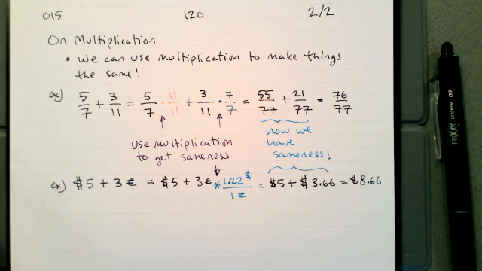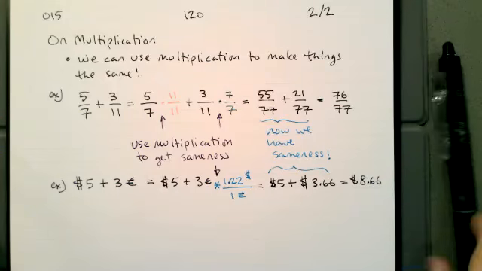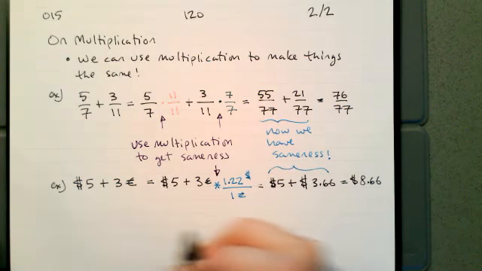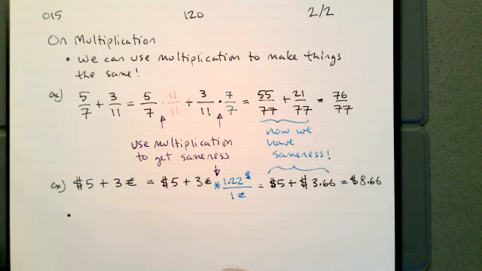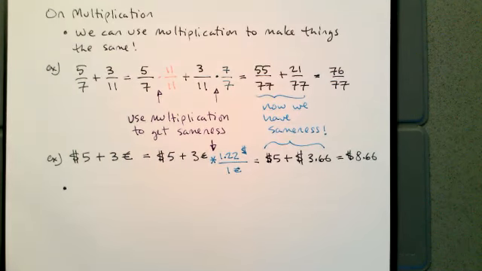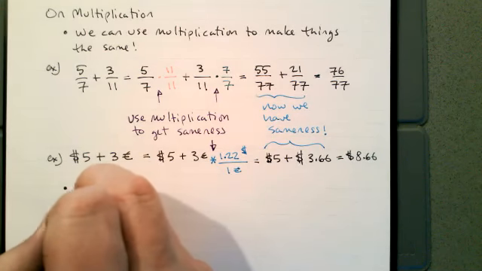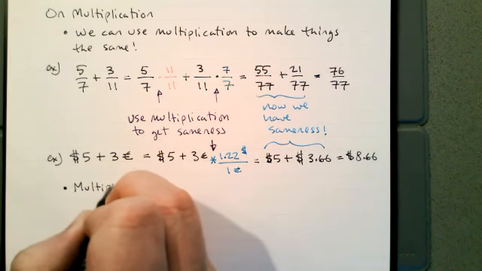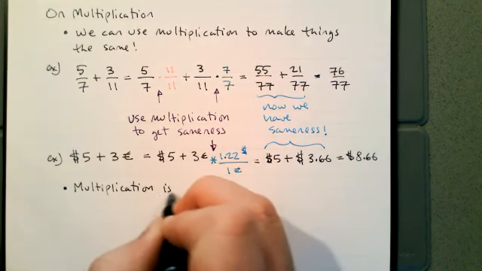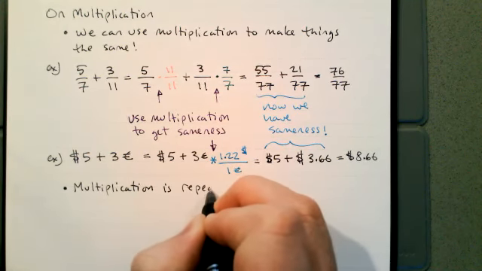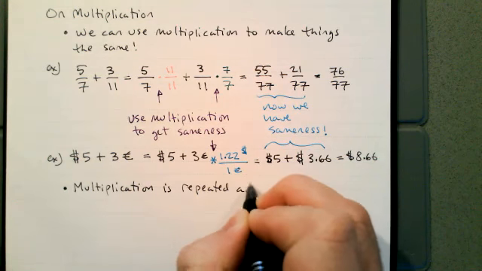All right, let's talk about part 2 of multiplication. Here's the other way that I want to think about multiplication. Number 2 in Leach's rules for multiplication. Multiplication is repeated addition. This is more of an operational thing. Multiplication is repeated addition.